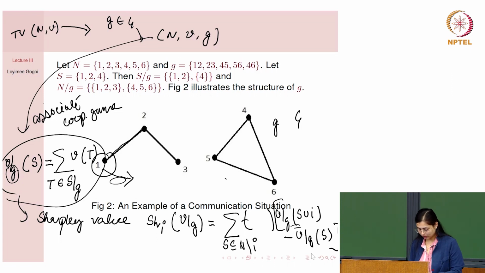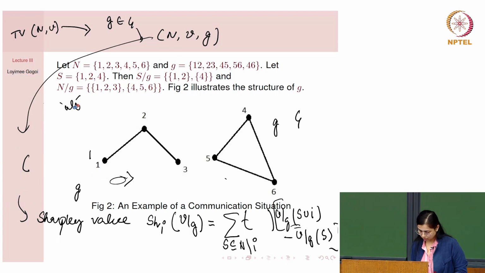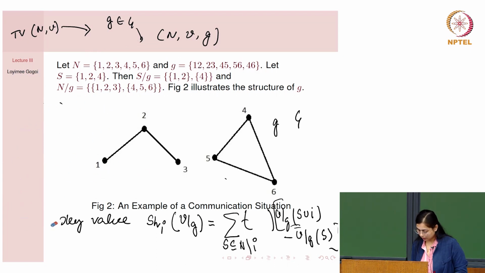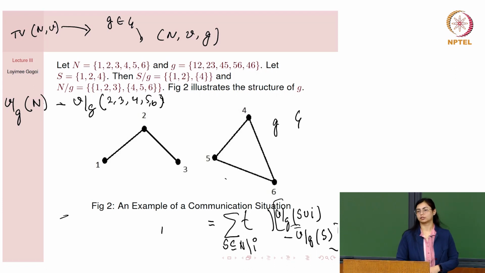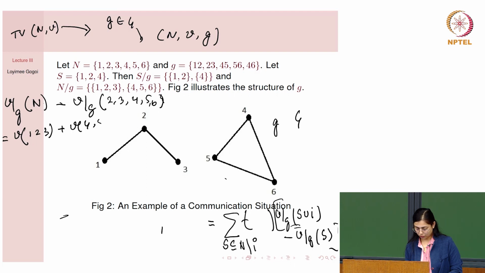Okay, just simply do one thing. For only the grand coalition, you can calculate it, right? So V over G minus V over Z, how many players are there? 2, 3, 4, 5, 6, right? So you can do this calculation over Z. This is actually V of 1, 2, 3 plus V of 4, 5, 6.